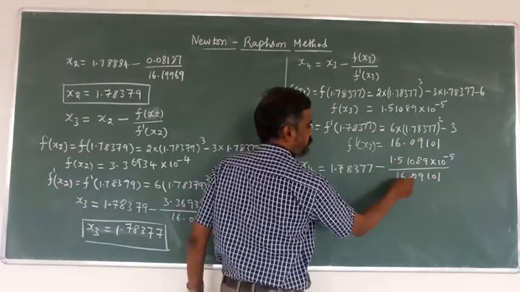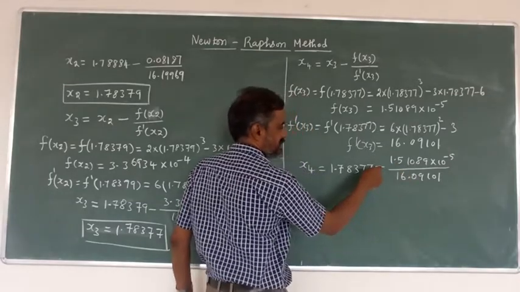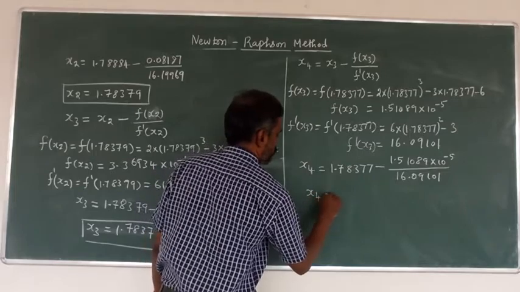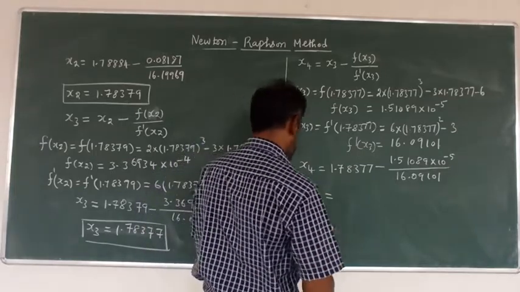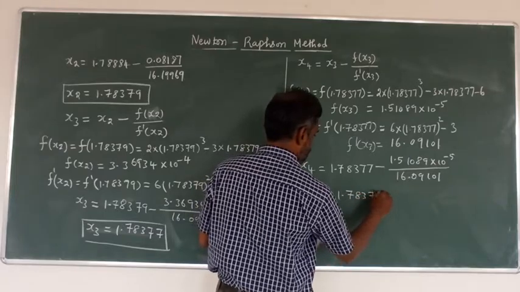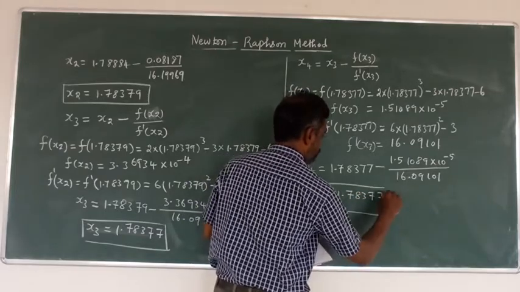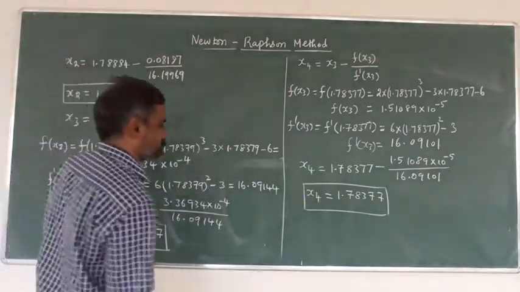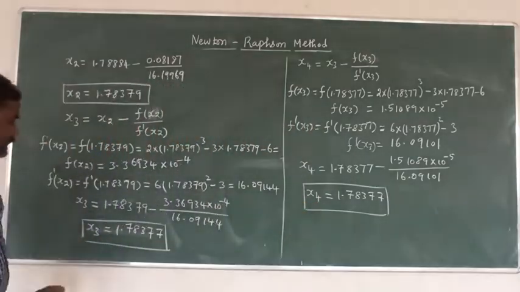Now divide these two, that result subtract with this one, we can get x4 equals 1.78377. This is for the x4 value. Now the x4 value compare with the x3.